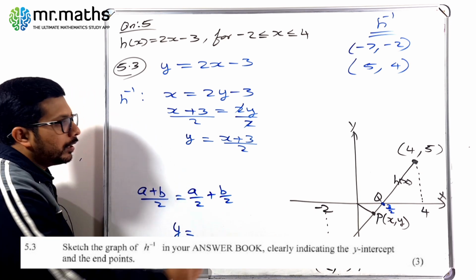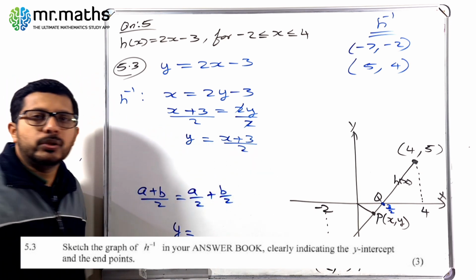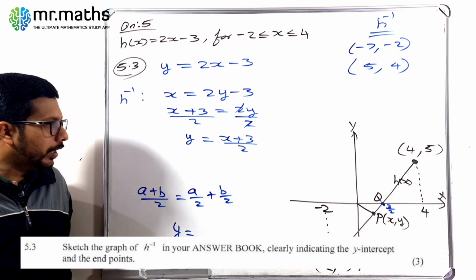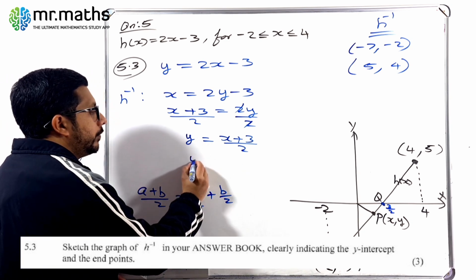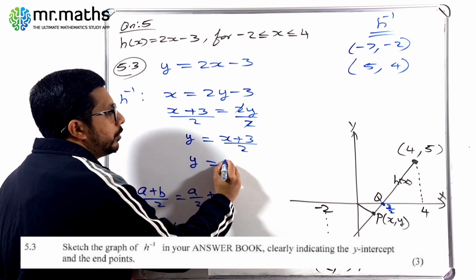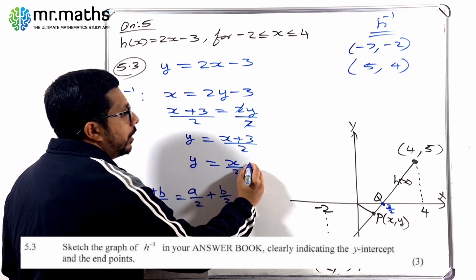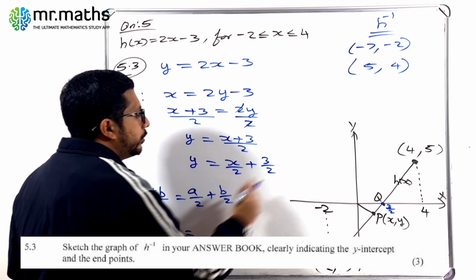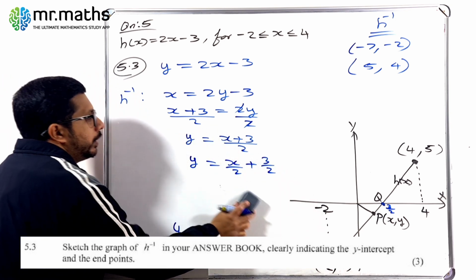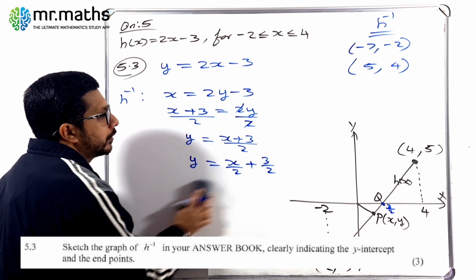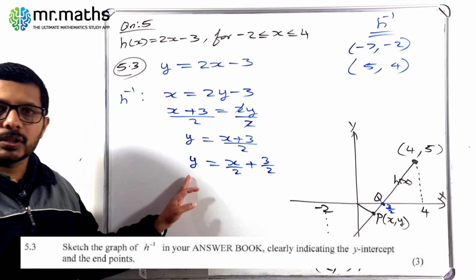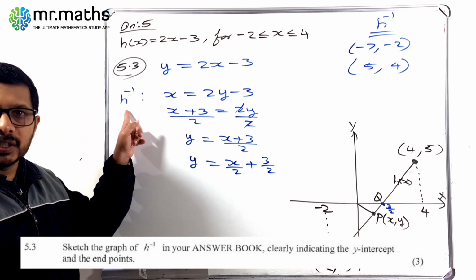Right, similarly this x plus 3 divided by 2, how can you write? We can write this one as x by 2 plus 3 over 2. Okay, so it means that this is the equation of the h inverse x graph.